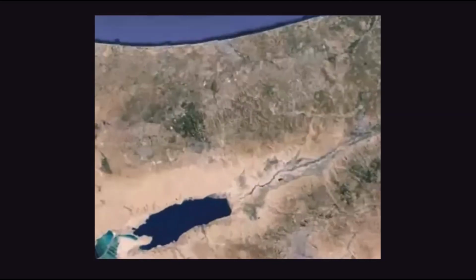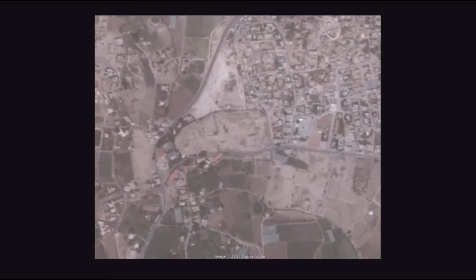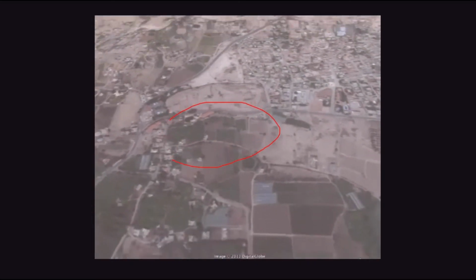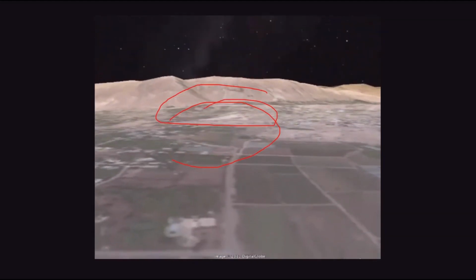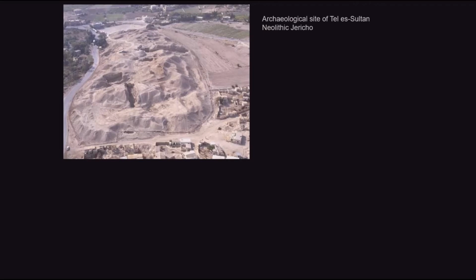While it was certainly occupied in biblical times, this little mound here, and there it is, you'll see it right through here. This mound, which is not terribly impressive when you look at it today, was the home of one of the earliest Neolithic villages, and it looks like habitation there dated to around 9,000 BC.